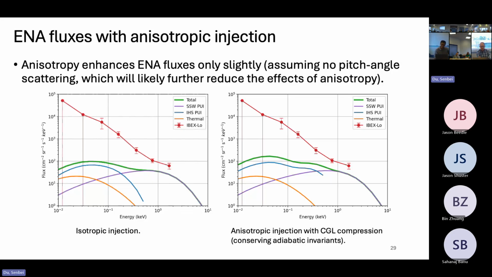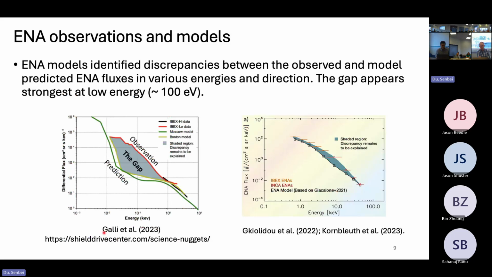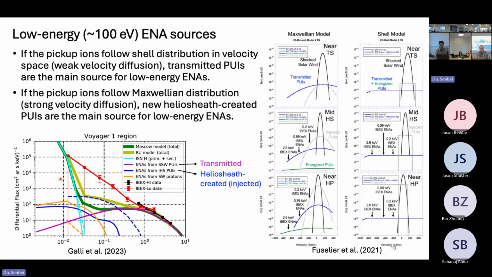I don't know the details since I didn't work on the data myself. It's from the Galli et al. 2023 paper, and they listed the data and uncertainty in that paper. So that's what I get, but I don't know the details. Yeah, it's the same in this figure too.